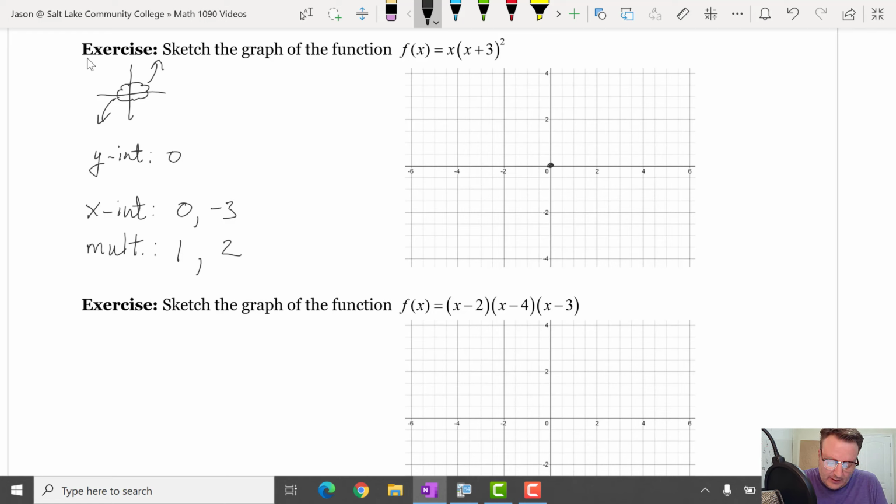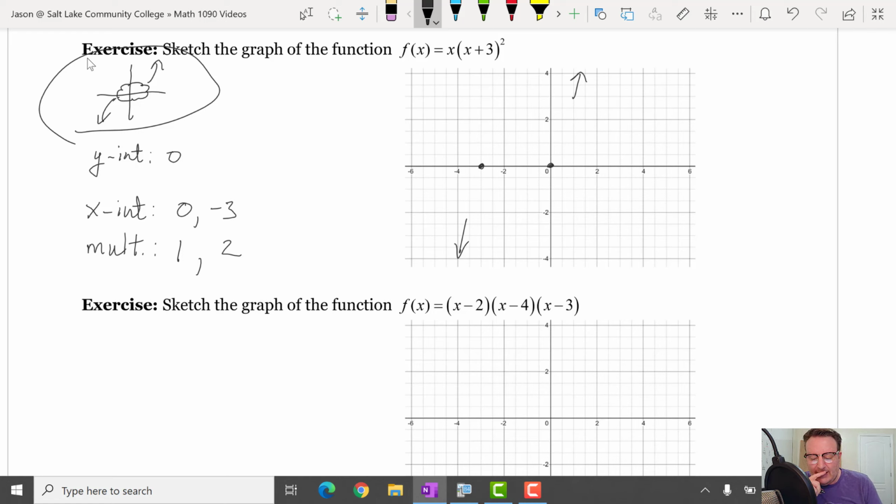We have an x-intercept at 0 and at -3. Don't need the multiplicity yet. What I'm going to do next is take into account this long-run behavior. A little to the right of the rightmost 0, I'm going to put an up arrow. And then a little bit below and to the left of the leftmost 0, I'm going to put a down arrow.